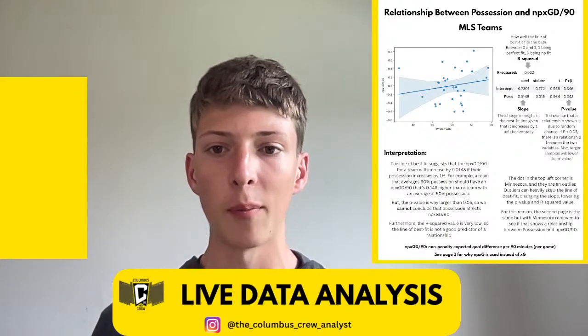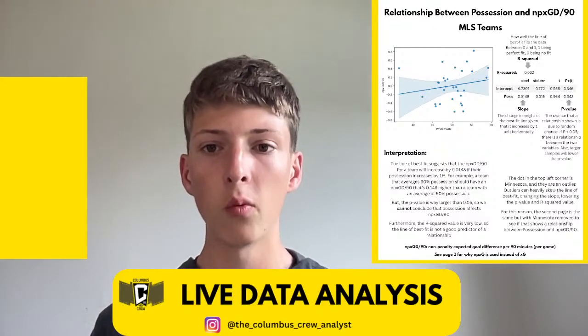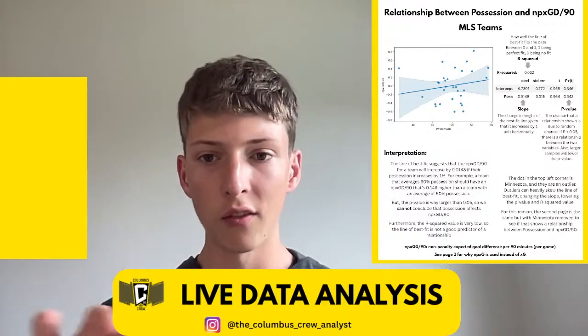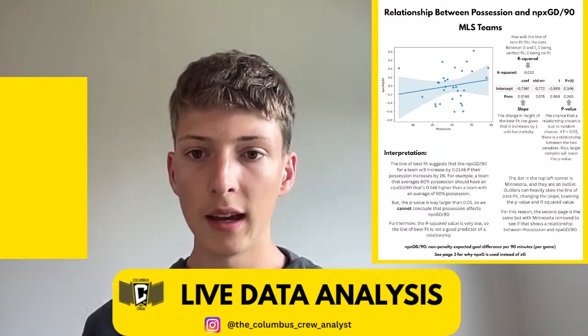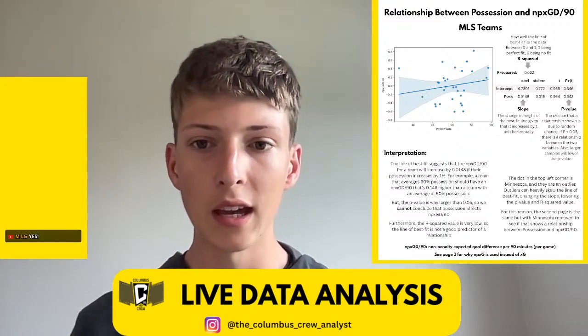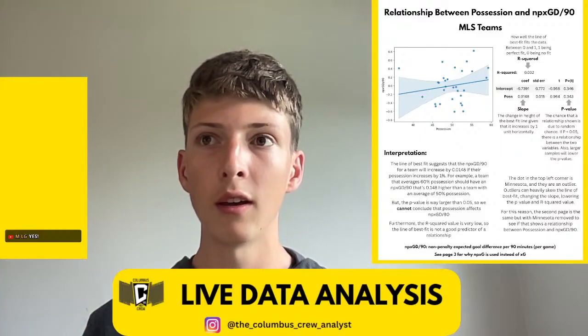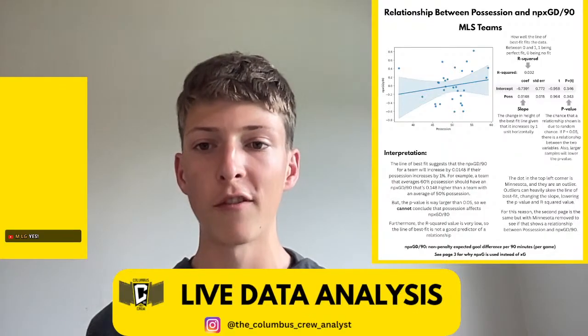What you'll see on the top left of your screen is a scatter plot with a line going through a shaded blue area. The line is the line of best fit for the scatter plot.